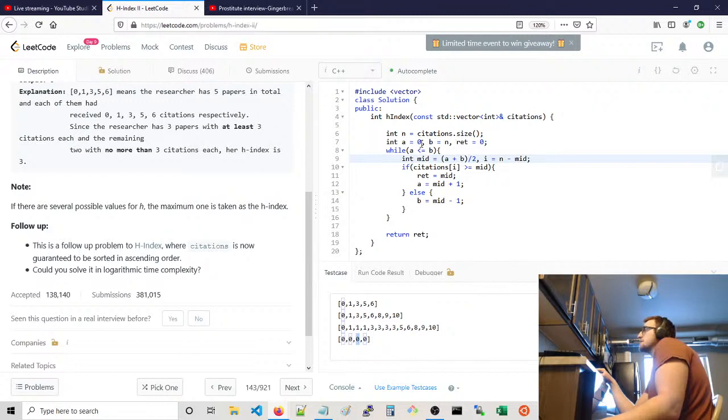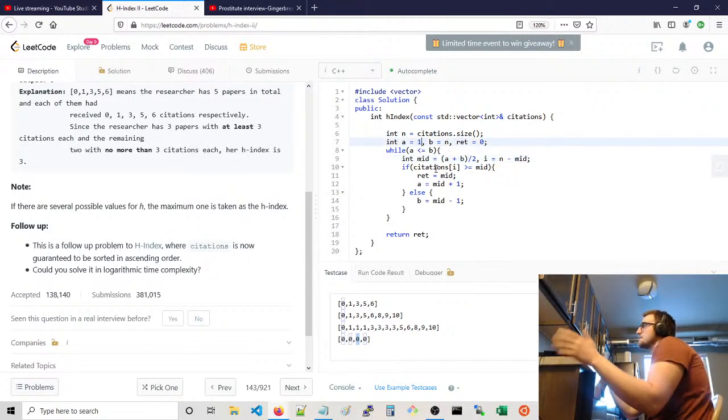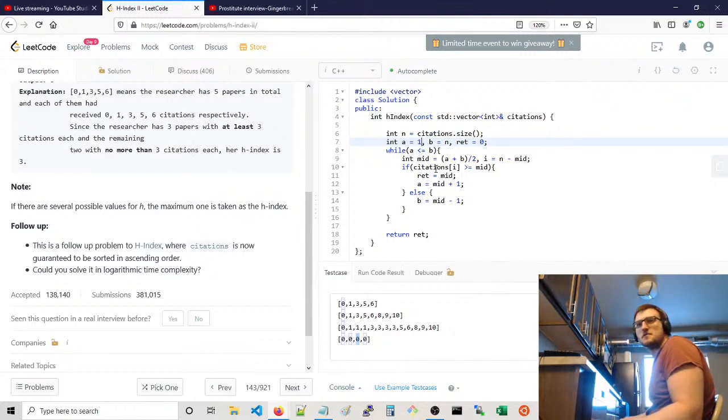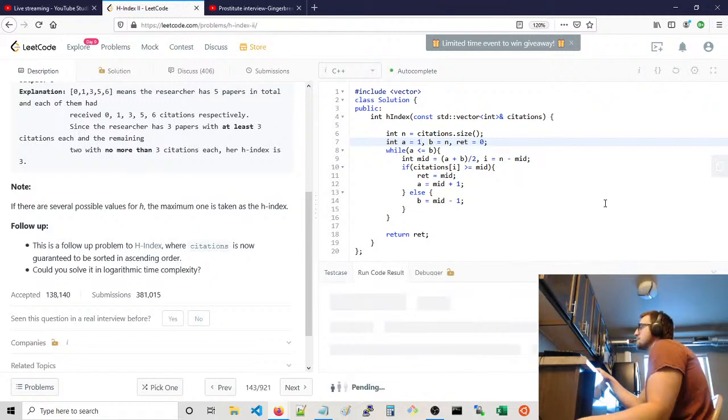So actually, we shouldn't even check 0, I think. It doesn't really make sense to check 0. That might be why we're having problems.